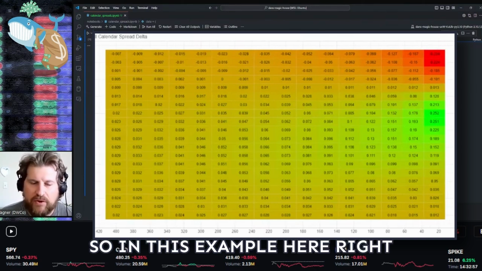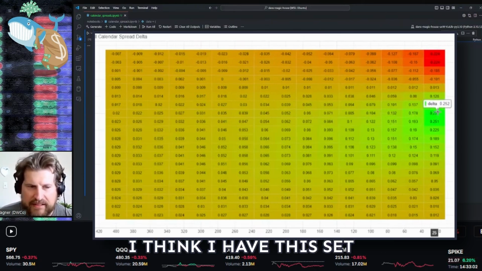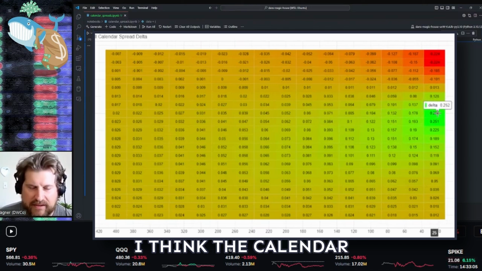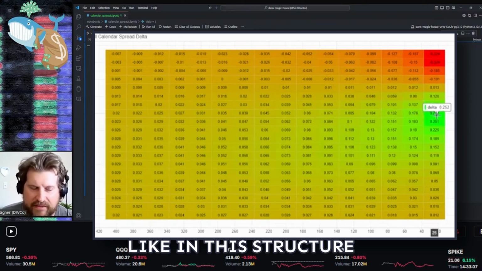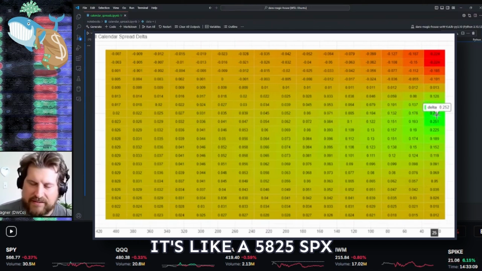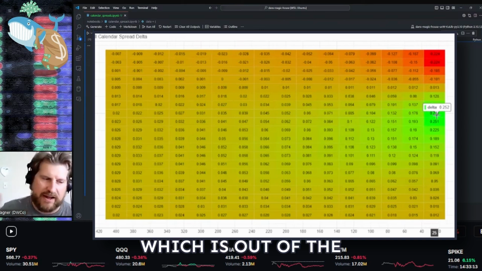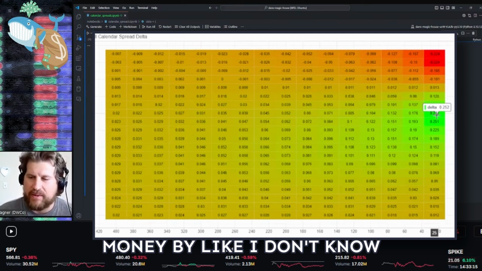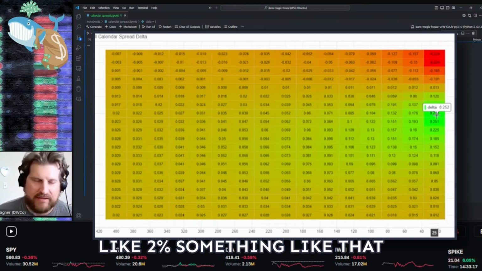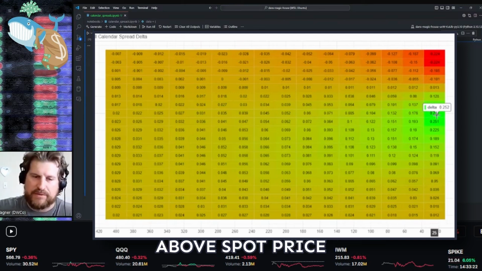Okay, so in this example, I think the calendar in this structure is a 5825 SPX call calendar, which is out of the money by, I don't know, 2%, something like that, above spot price.